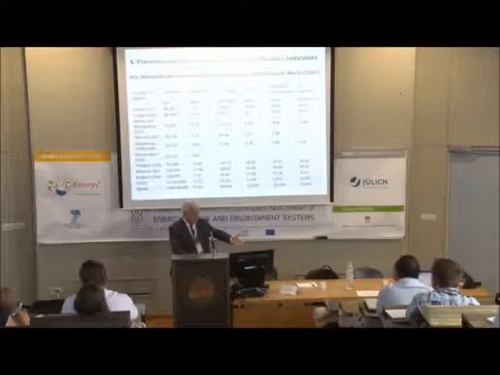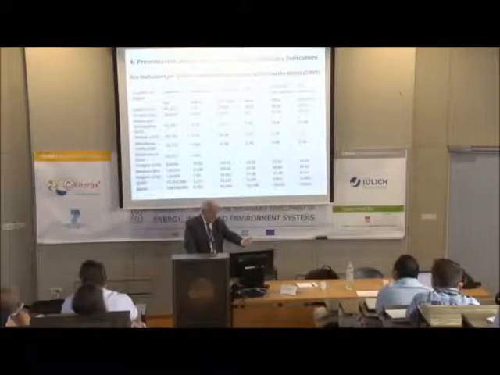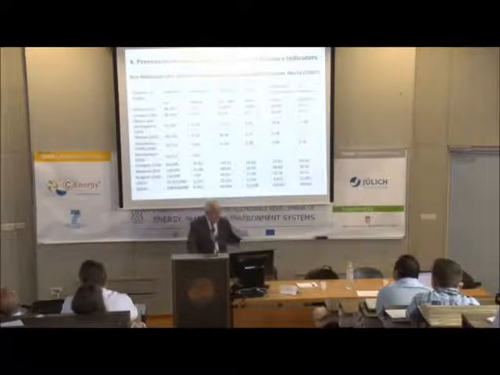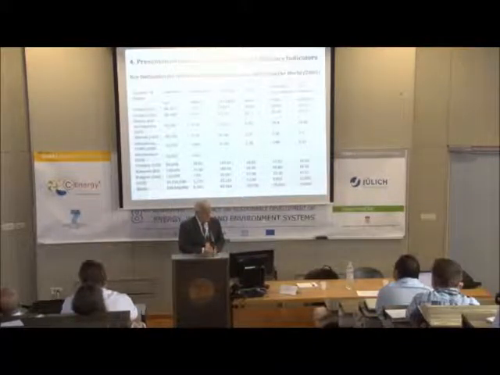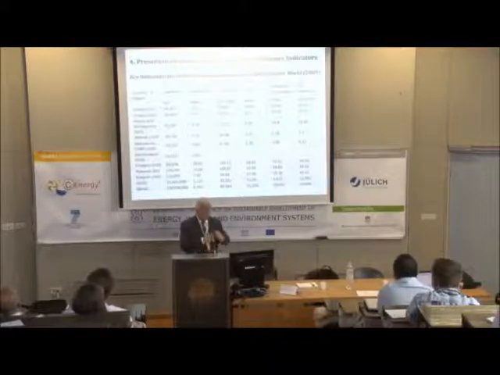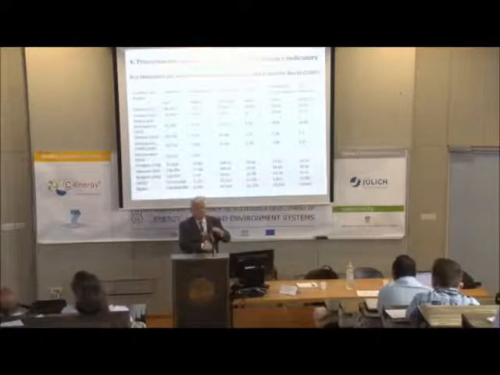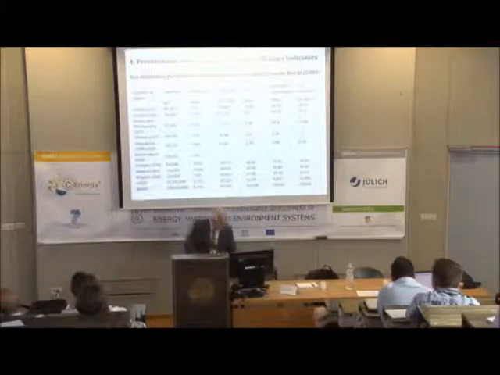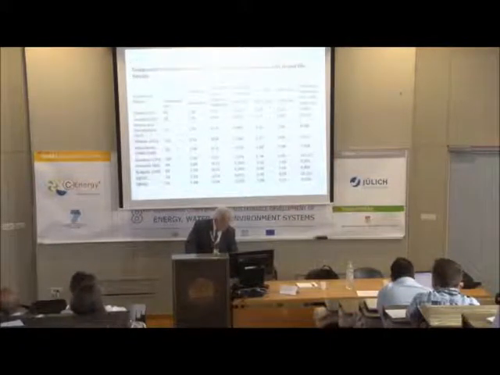But as you see, if you compare the land area, the number in the bracket in the first column means where we are from the biggest country, Russia, having in mind land area. And as you see, all those countries are in the second part of the list.